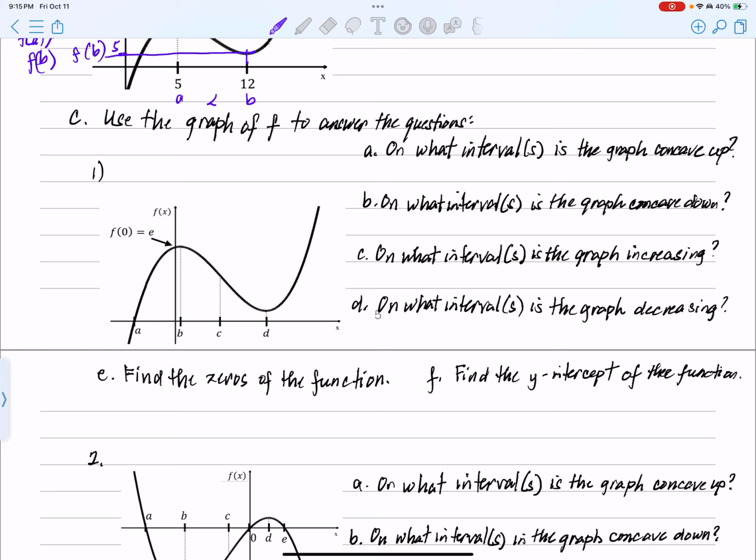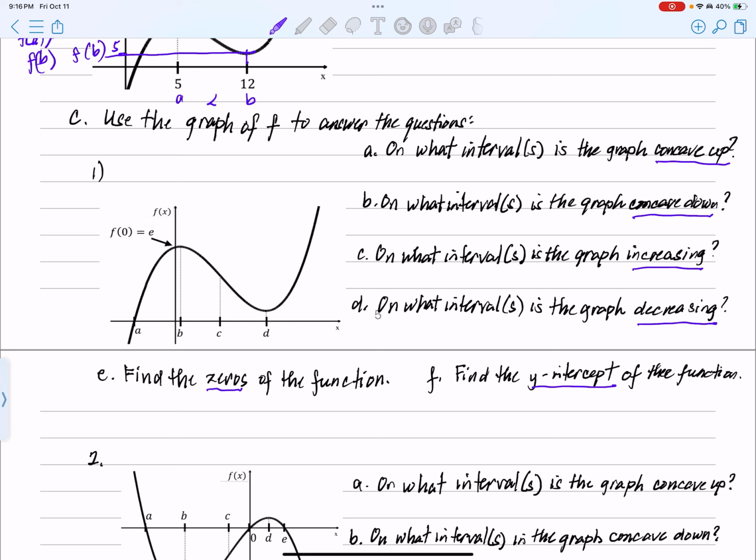So in A, you see the term concave up. In B, you see the term concave down. In C, you see the term increasing. In D, you see the term decreasing. In E, you see the term zeros. And in F, you see the term y-intercept. So these are the elements of the graph of a function: concavity, increasing, decreasing, zeros, y-intercept.